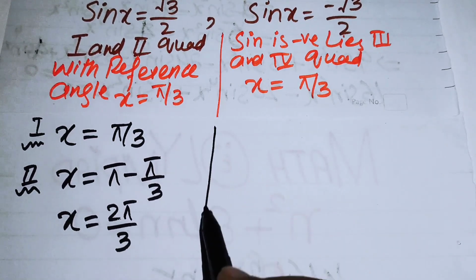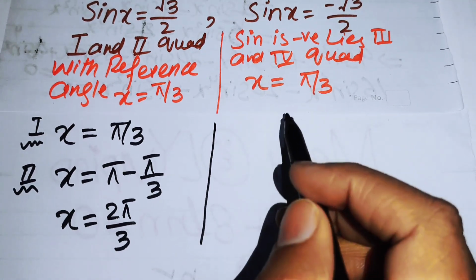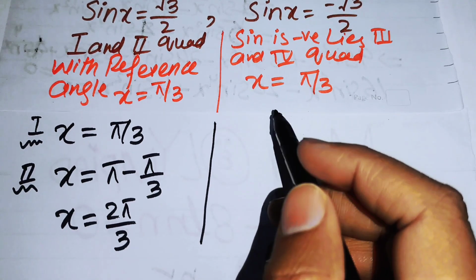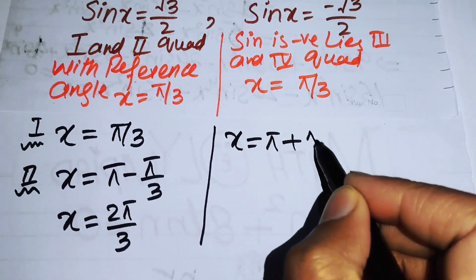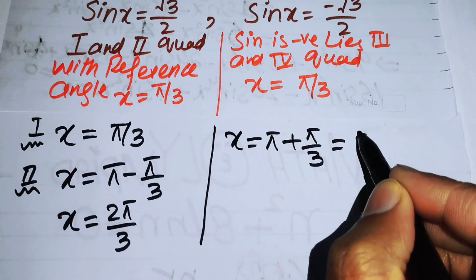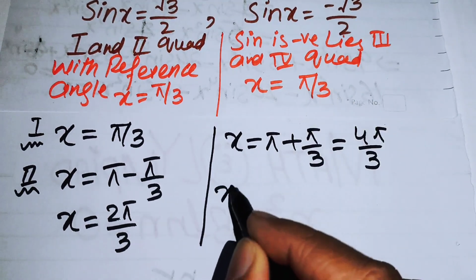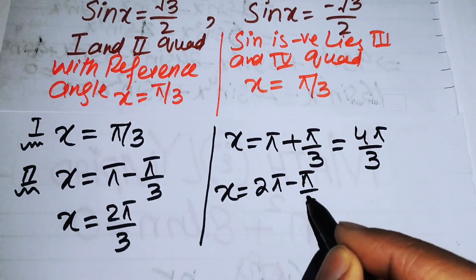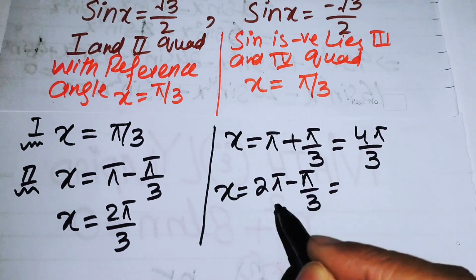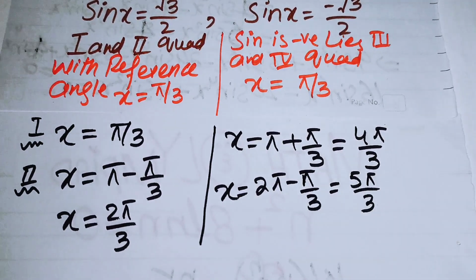And similarly in this case you know that the angle in the third quadrant is pi plus theta, so here you have pi plus pi by 3 and it is equal to 4 pi by 3, and the angle in the fourth quadrant equals 2 pi minus pi by 3, so it becomes 5 pi by 3.